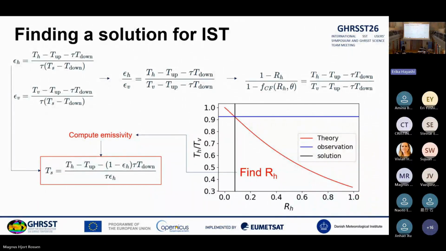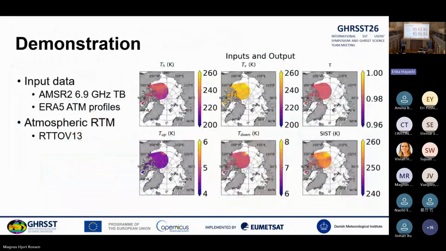We can find RH by comparing the theoretical curve and the observation, finding the intersection, and we put RH again into this equation and we can find a solution for Ts. If you want to know more about this, you can approach me and ask for details.